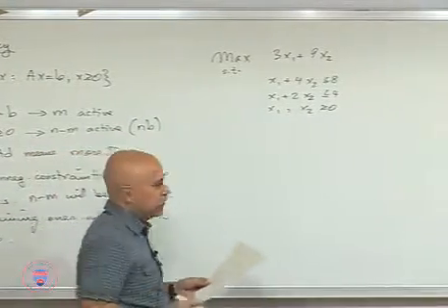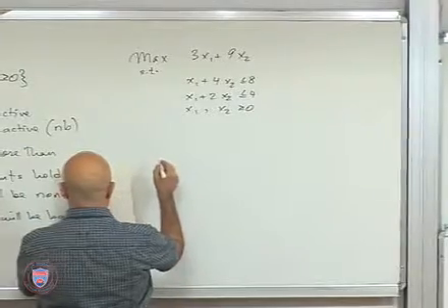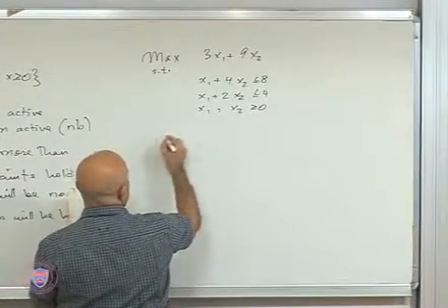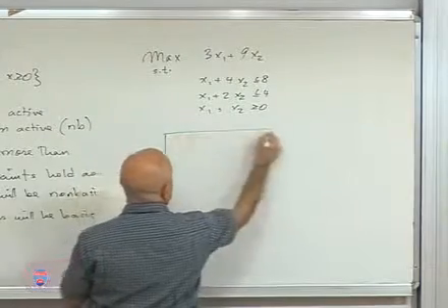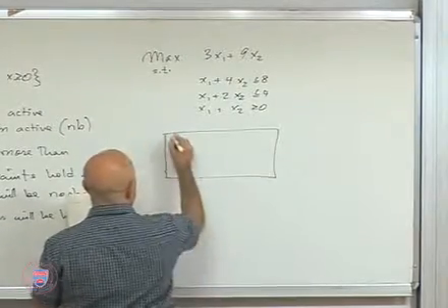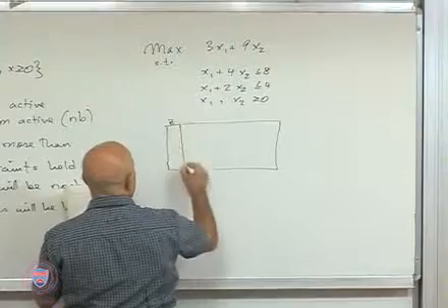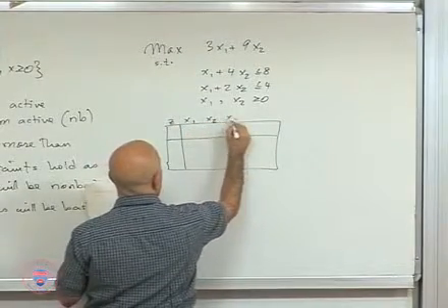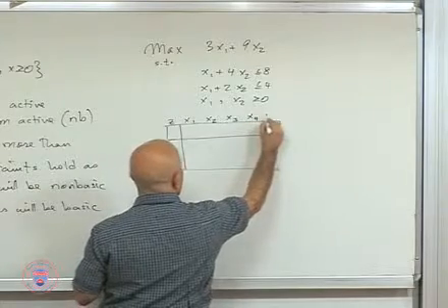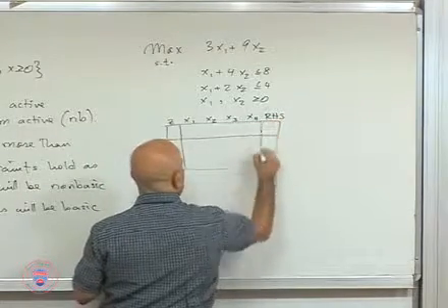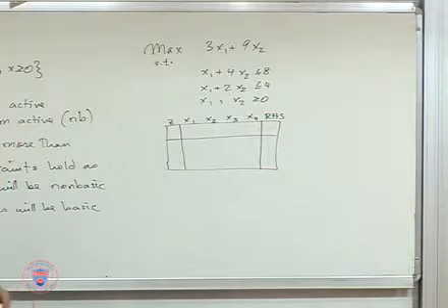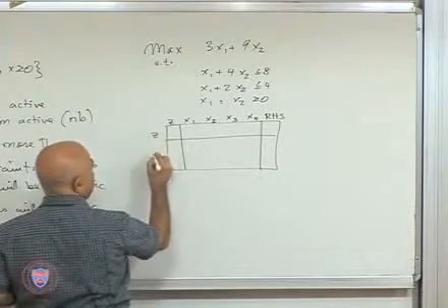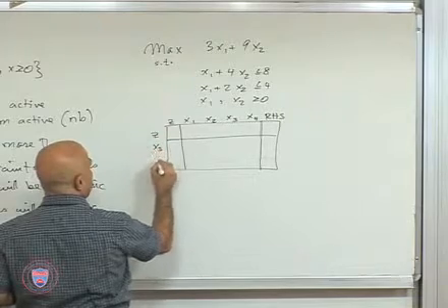But I'm not going to do that. You can do that at home. So when you add the slack variables to this, the initial simplex tableau will have the following information. X3 and X4 are the slack variables added to the first and second constraints. We begin with basic variables X3 and X4.